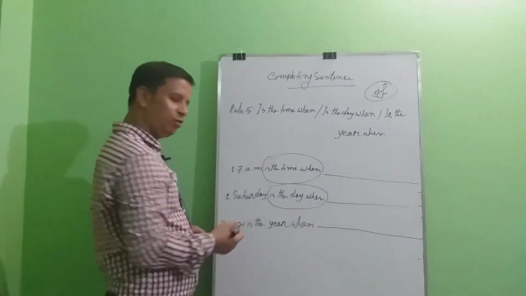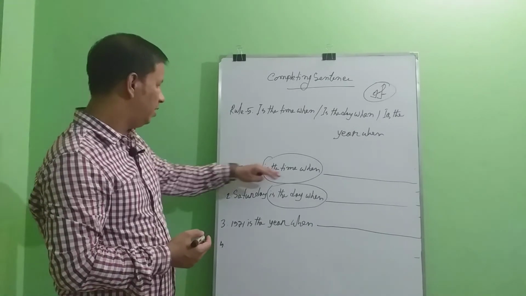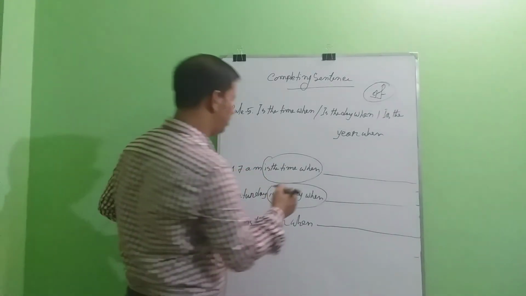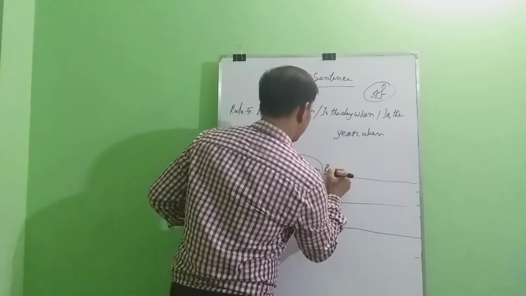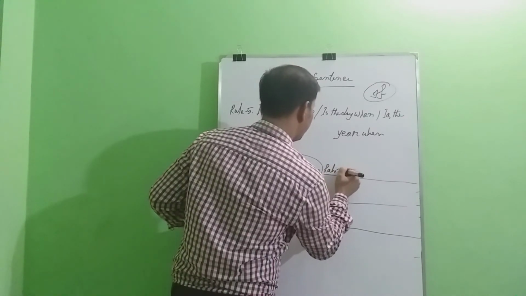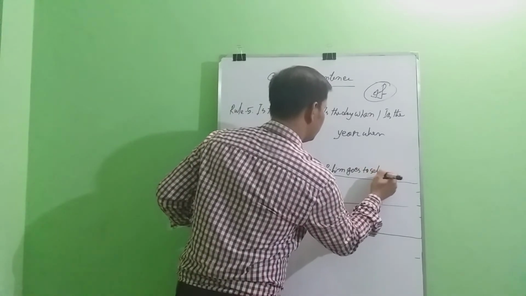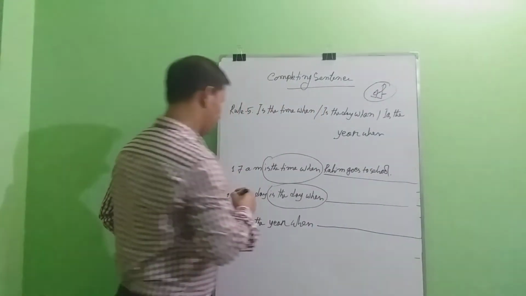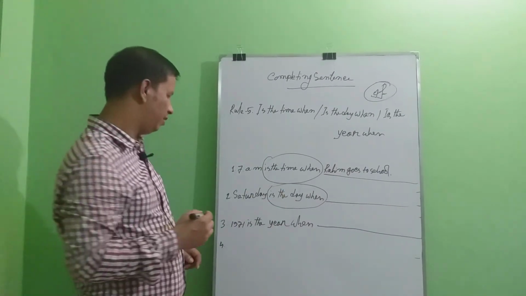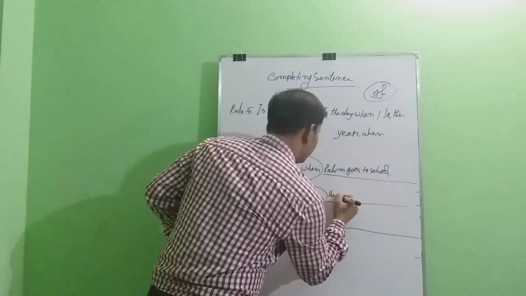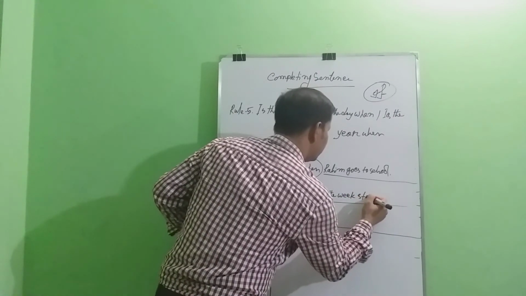So according to this rule, students, we can write the answer in the first sentence. 7 am is the time when Rohim goes to school. In the second sentence, Saturday is the day when the week starts.